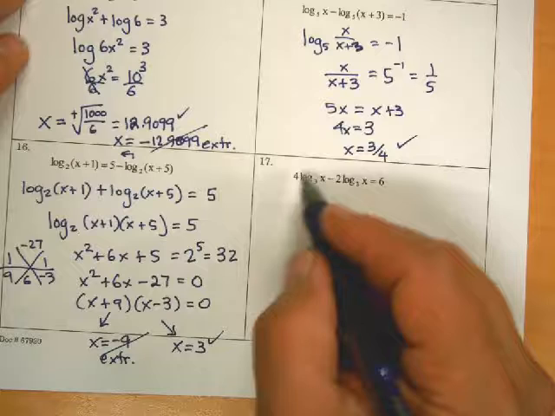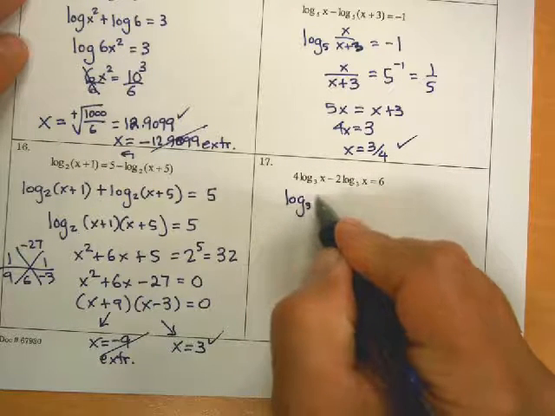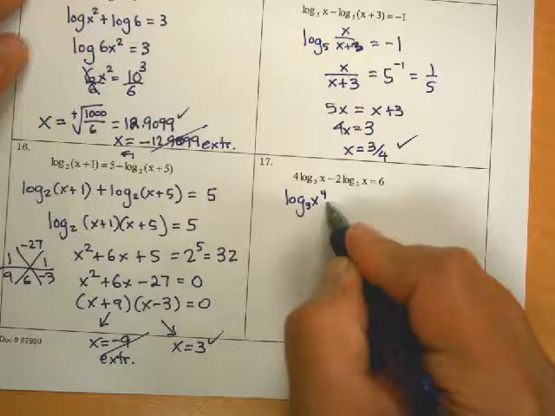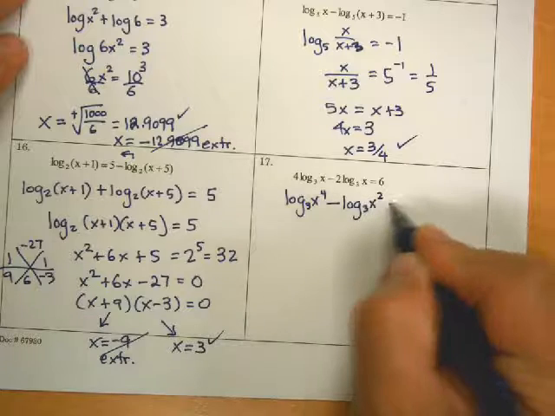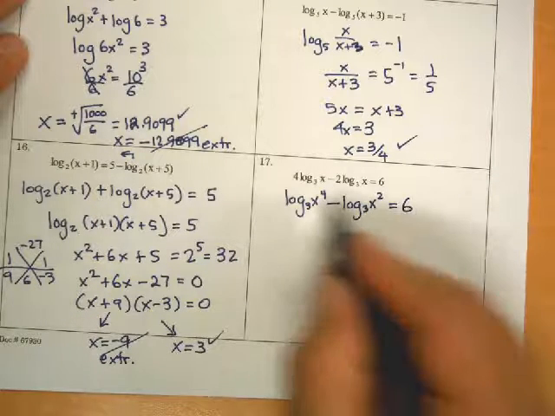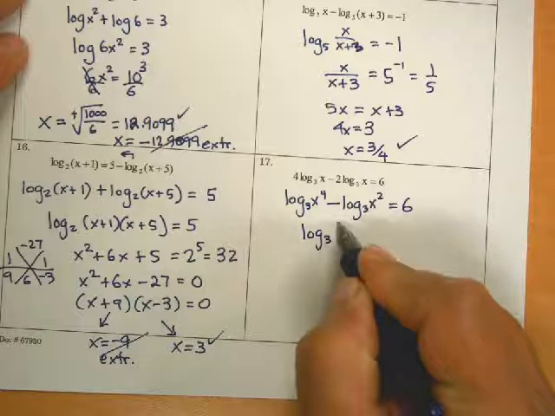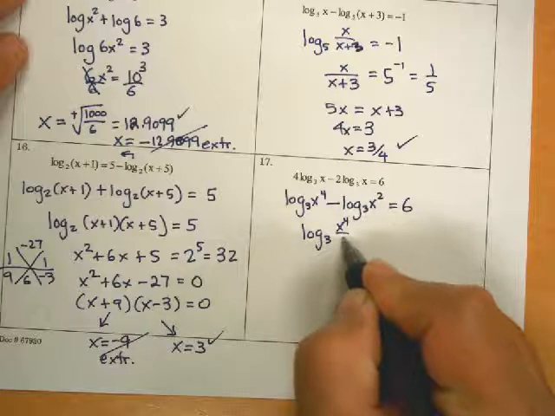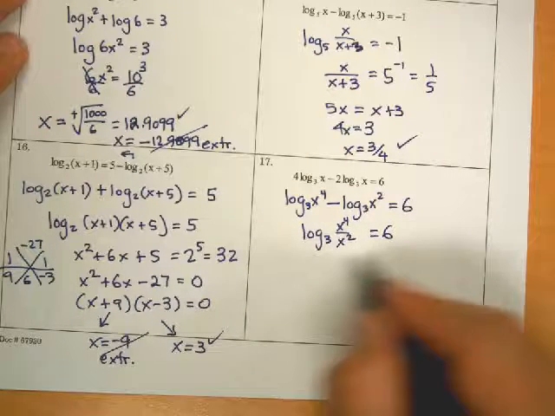Okay, the 4 in front becomes a power. That's the power rule. And then we consolidate, put it together with a division inside of the logarithm. I'll take the base 3 over the other side.